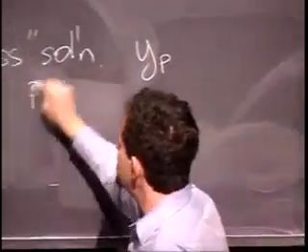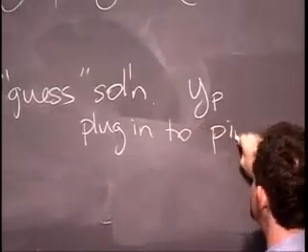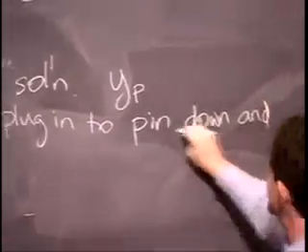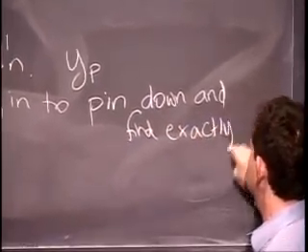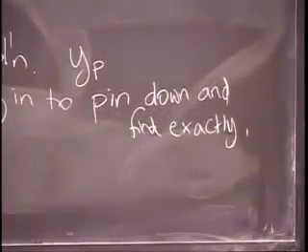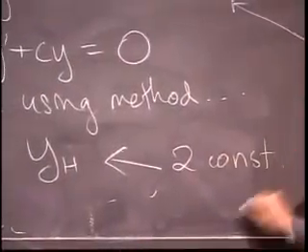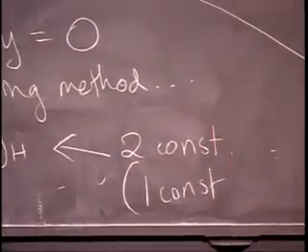So this is going to involve plugging in to pin it down. And again, I'm going to talk about this very soon. And find exactly. No constants. So there's two constants here, if it's second order, or one constant if you started off with only first derivatives.